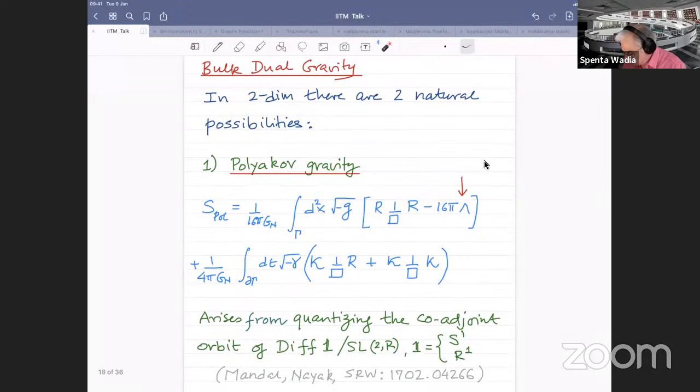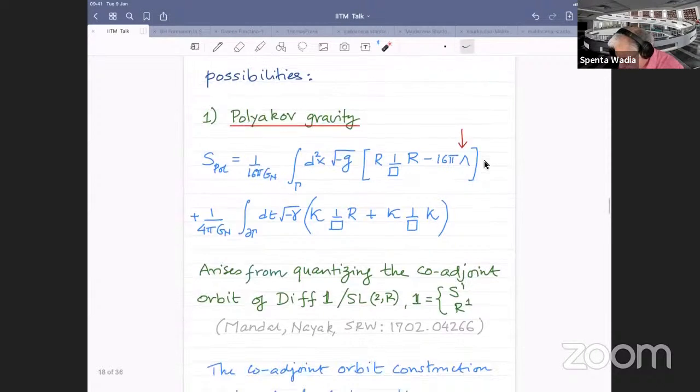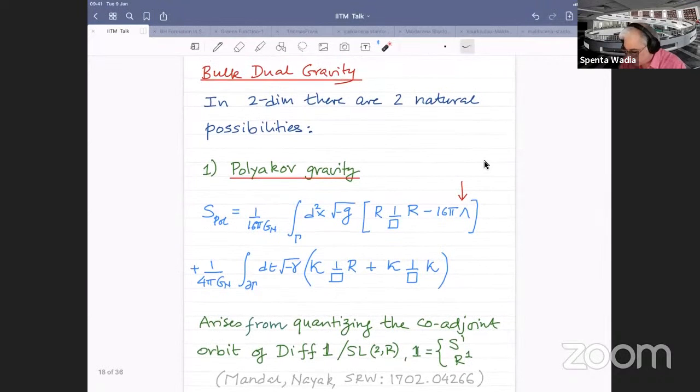Now, what has all this got to do with gravity? Very quickly, since I think I'm running out of time already: what about the bulk dual of the SYK model at low energies? There are two formulations. One is the one that you arrive at by looking at the coadjoint orbit of the infrared Virasoro group of the SYK model.